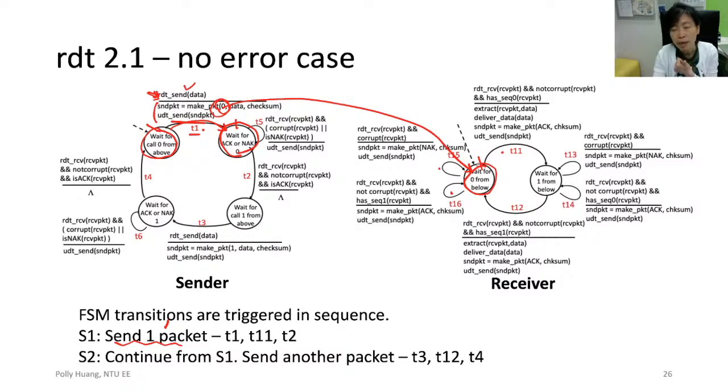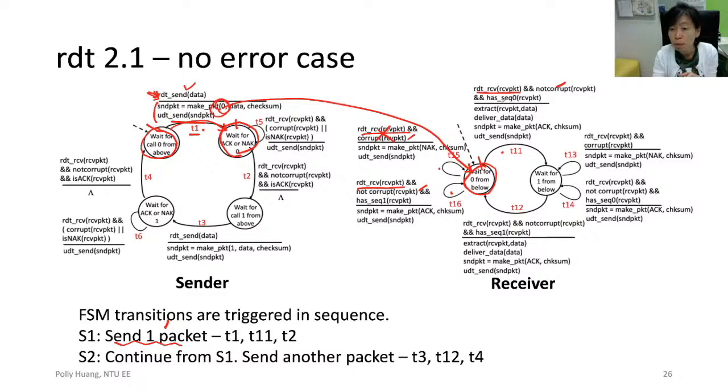Now, the event is, yes, we receive a packet, definitely. So all transitions are triggered by receiving a packet. But exactly which one is triggered depends on checking whether the packet is corrupted or not. We're assuming no errors, so this one is not possible. So this one passed to this point, this one passed to this point.